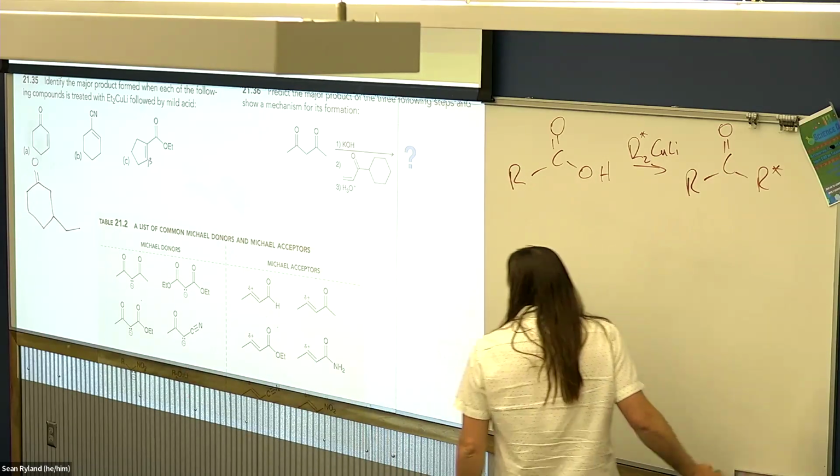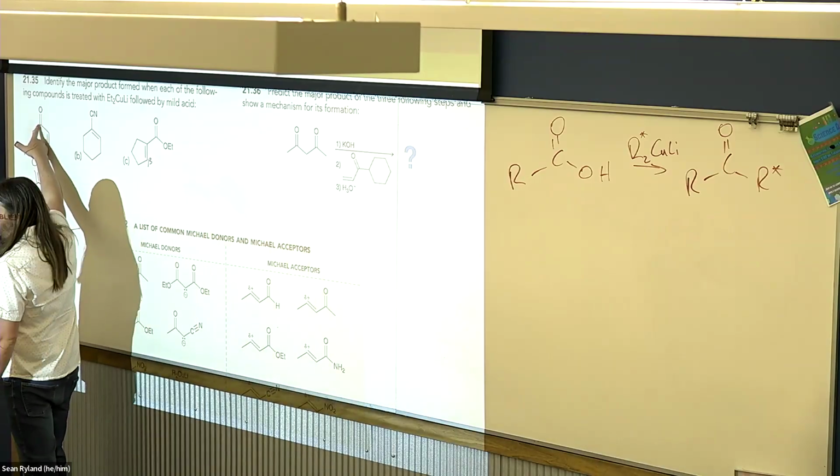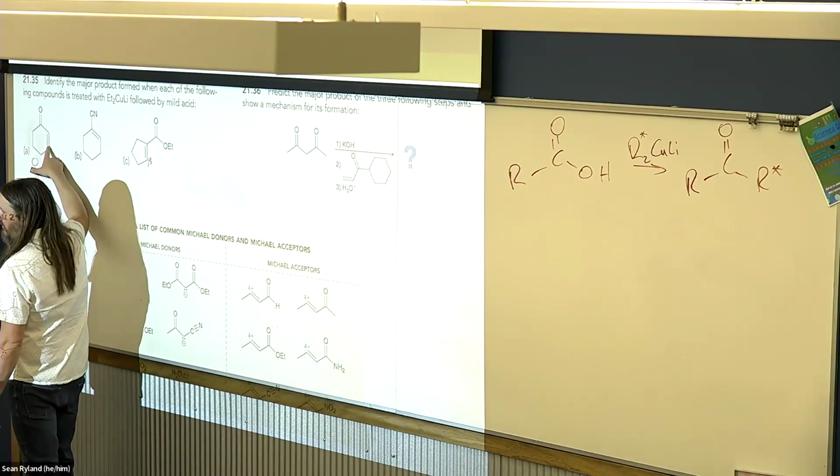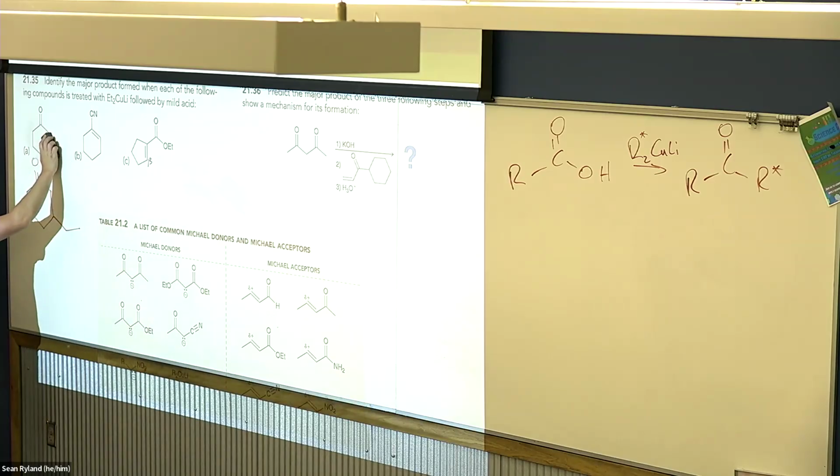We can't use a Grignard reagent for this because a Grignard reagent would add right here and potentially here as well. So Grignard reagents are too reactive for this situation. It gives good yields, but not necessarily enough control.